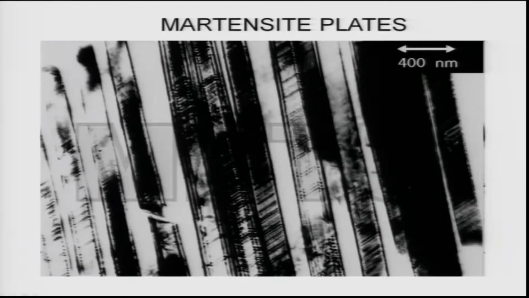Internally these twins exist inside the plates, so it is the same thing as I showed you, just like a pack of cards. If I draw it here like that, this distortion happens. This is the way things happen. So initially this was flat, then you are distorting it up.